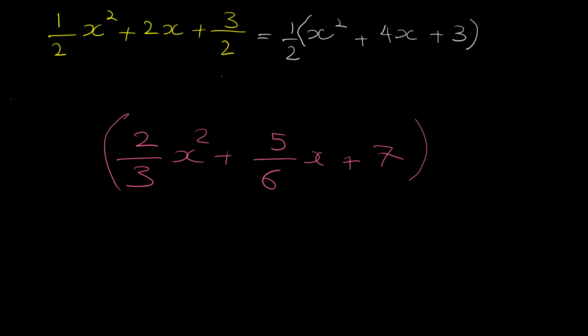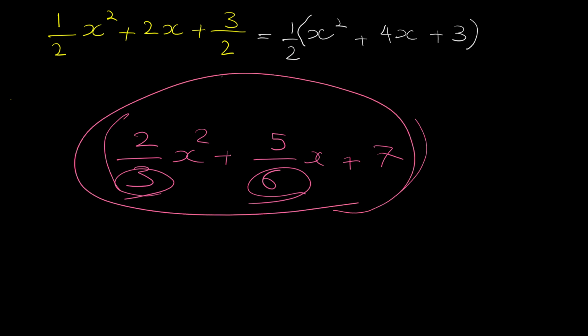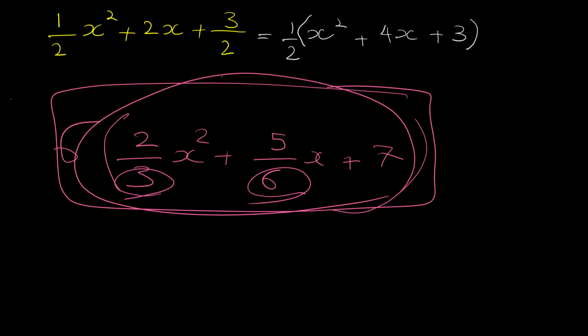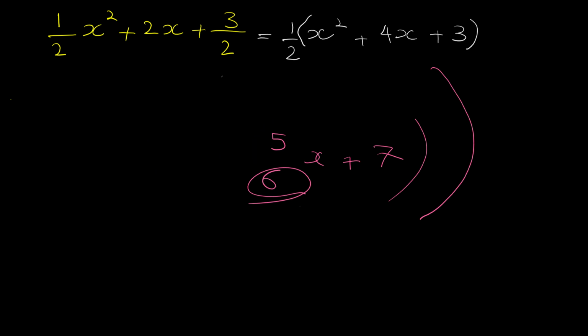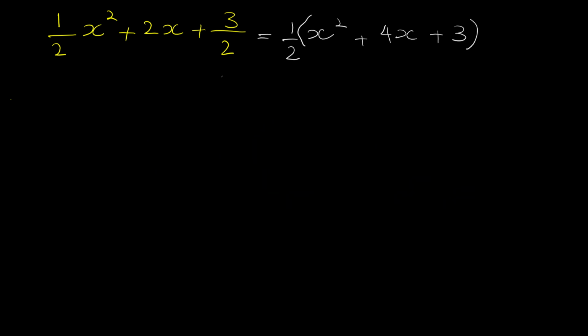Here, to get rid of these denominators, what do you have to do? Simply multiply all of this expression by 6. Then, after you multiply 6 in every term and get rid of the denominators, you put a bracket around that, and then 1 over 6 outside. This is the method that you can apply for every question.